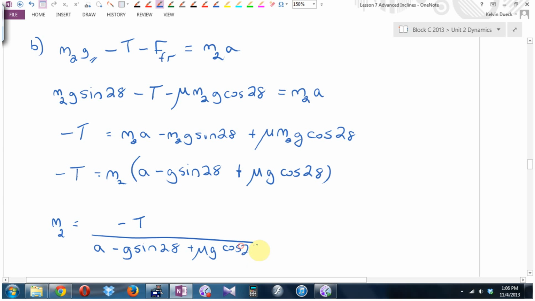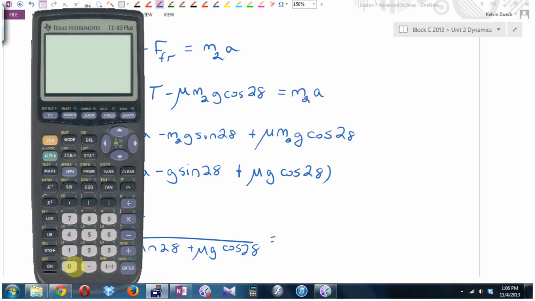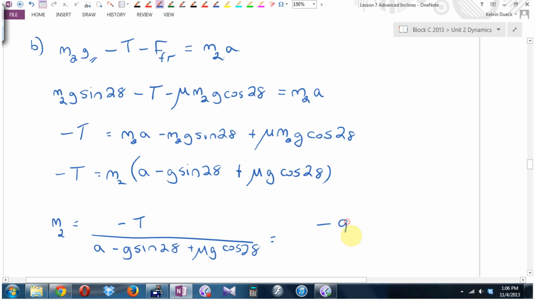Let's start plugging in numbers. Negative tension, what the heck was tension? Oh. Negative 95.2, all divided by A was 2.1? Yeah?